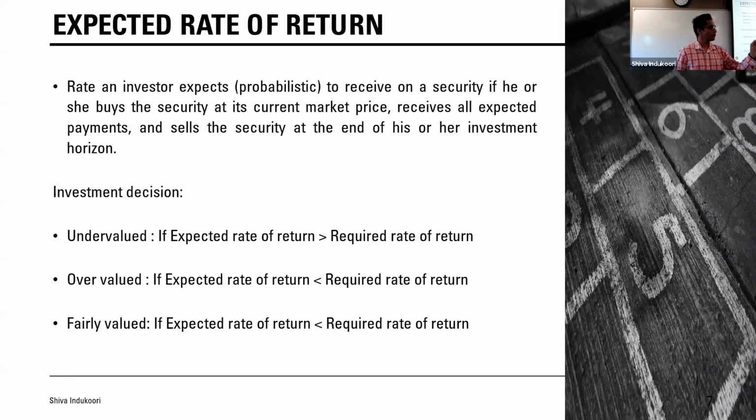CD is offering 3.5% and you want 5%. So which one is required and which one is expected? The 5% which you want is required. What you get from your investment is expected. Got it? So what is expected in our example?